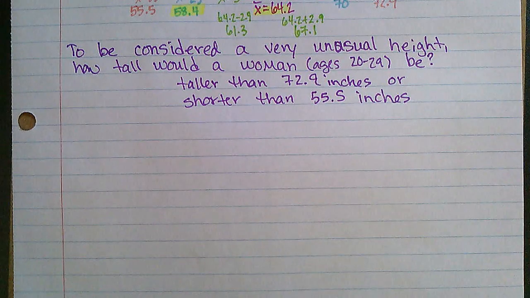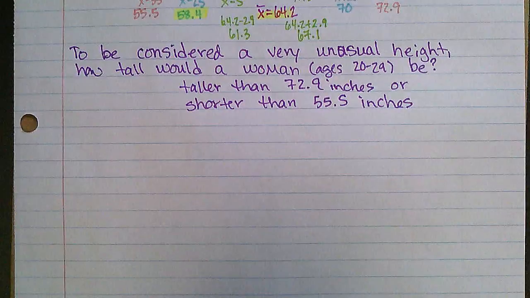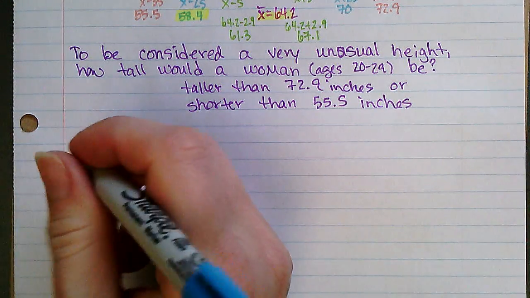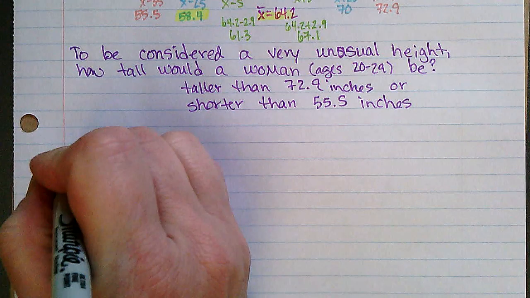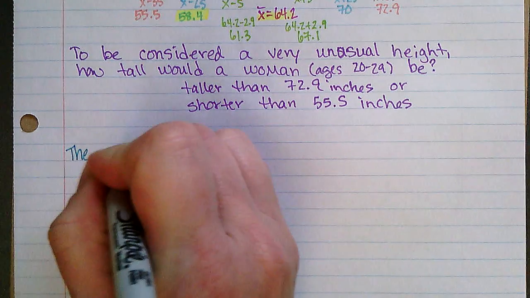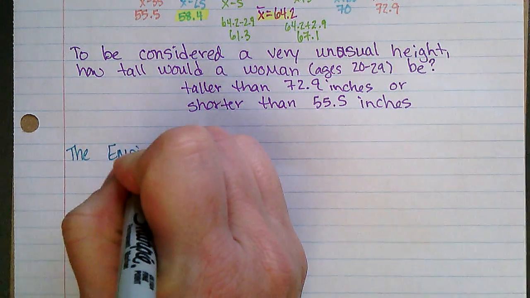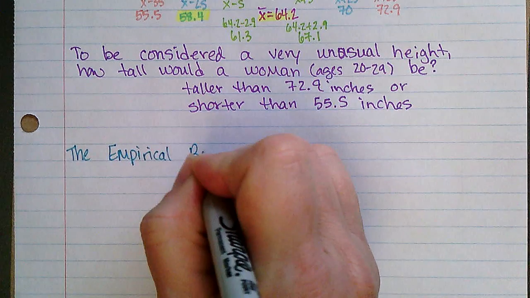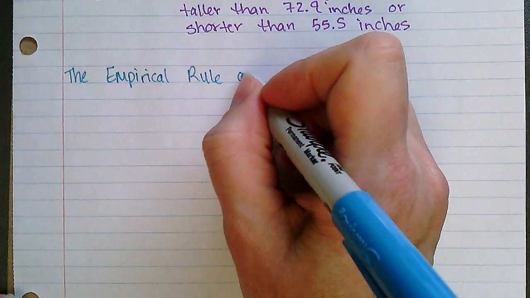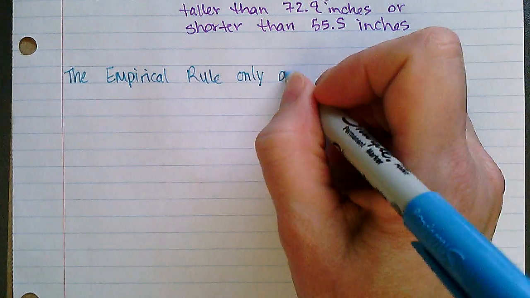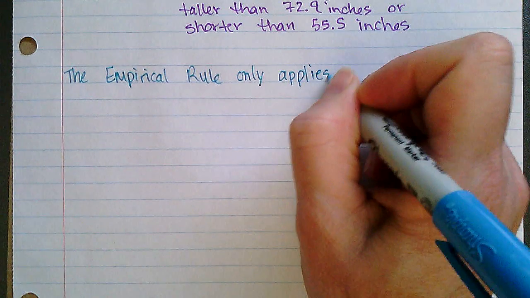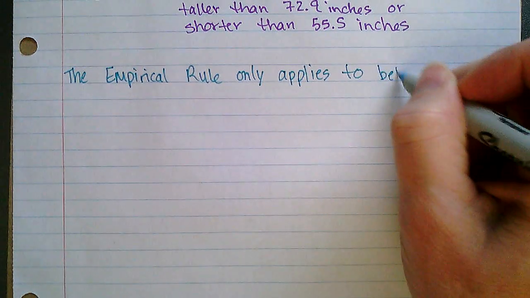Okay, the empirical rule, remember, only applies to data that has that very specific shape. But we don't always have that shape, so we have another rule that we can use. So just a reminder, the empirical rule only applies to bell-shaped distributions.